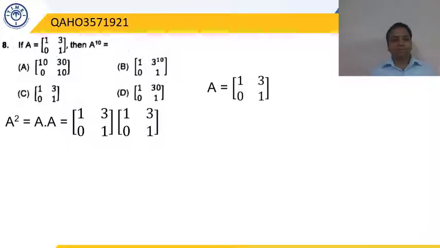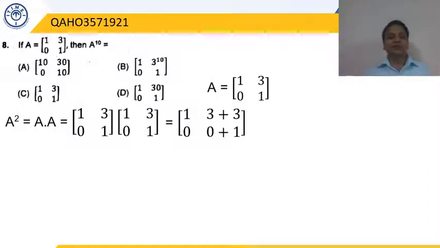A square means A multiplied by A. First row, first column: 1 into 1 plus 3 into 0 gives 1. 1 into 3 plus 3 into 1, 3 plus 3 becomes 6. 0 into 1 plus 1 into 0 becomes 0. Second row, second column: 0 into 3 plus 1 into 1 is 1. So we get the result as 1, 3 plus 3, 0 and 0 plus 1.